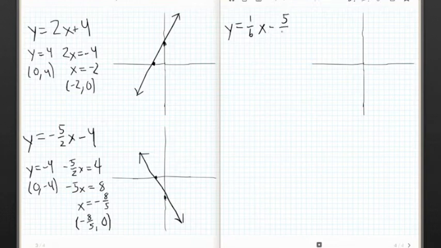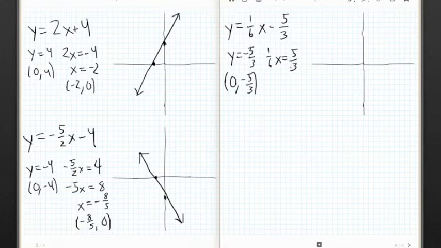But I am using the exact same problems we did in the last video, and I think you can see that it does go faster this way. Set x equals 0, we get y is negative 5 over 3. And set y equal to 0, we get 1/6 x equals 5 over 3. Multiply everything by 6, we'll get 5 over 3 times 6 is 10. That's another risk here.